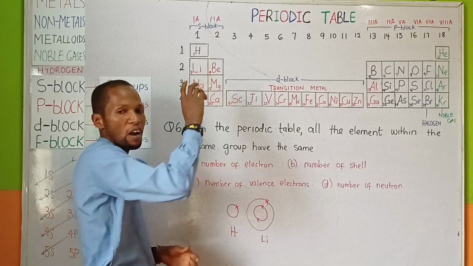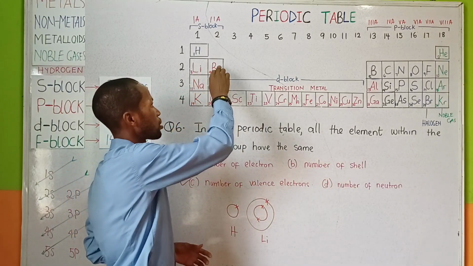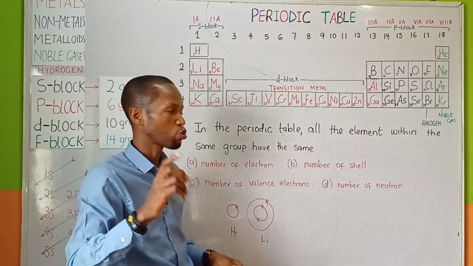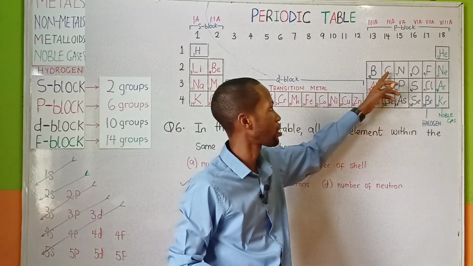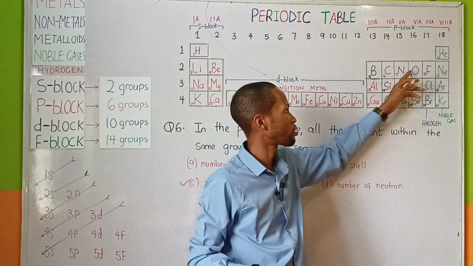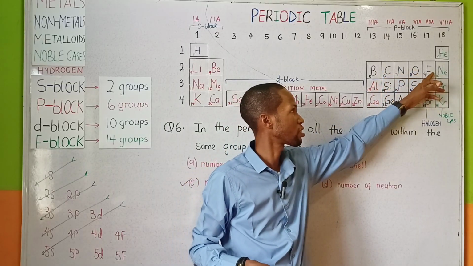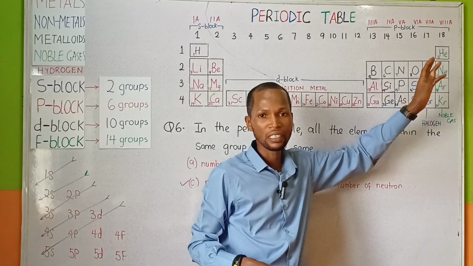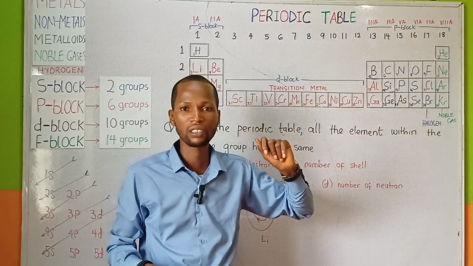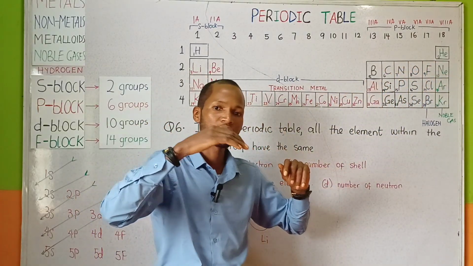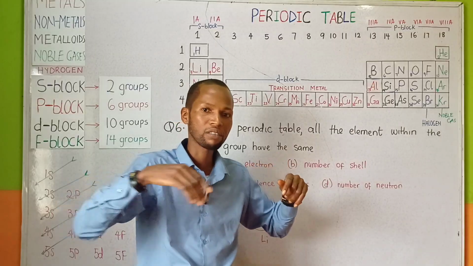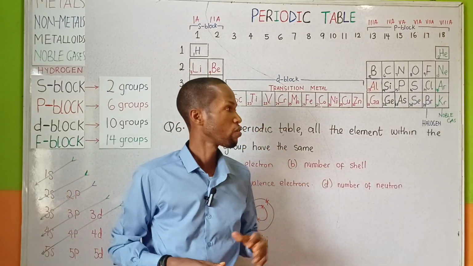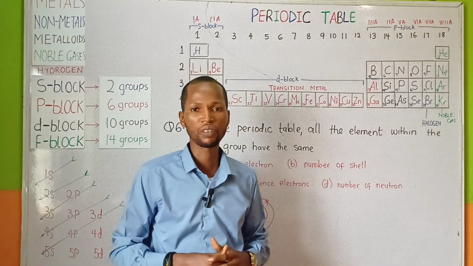Like in lithium, we have 1 electron in the outermost shell. In beryllium, we have 2. Boron 3, carbon 4, nitrogen 5, oxygen 6, then fluorine 7, and neon, which is a noble gas, 8. So the electron number in the outermost shell increases as we go from left to right across the period.